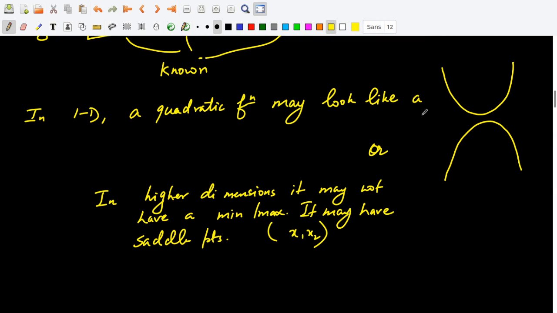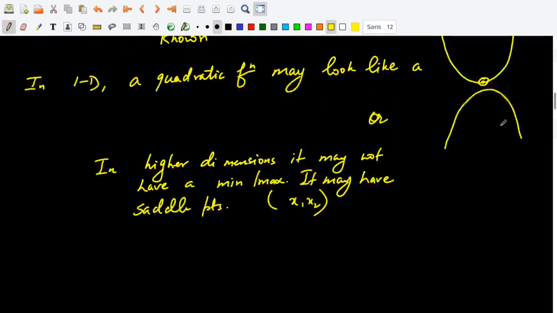But at least in one dimension we can see that if somebody says here is a quadratic function and what is the minimum value, this minimum value can very well go to minus infinity. In case of a nice quadratic function like this, we know that the minimum would be unique and globally valid.